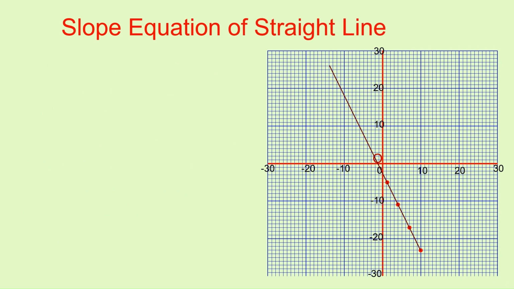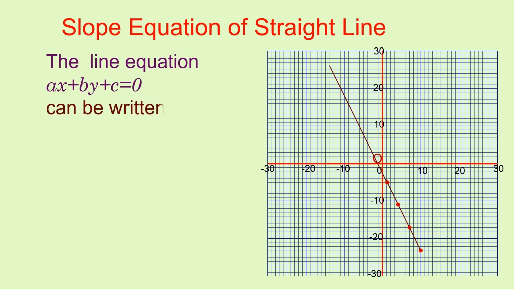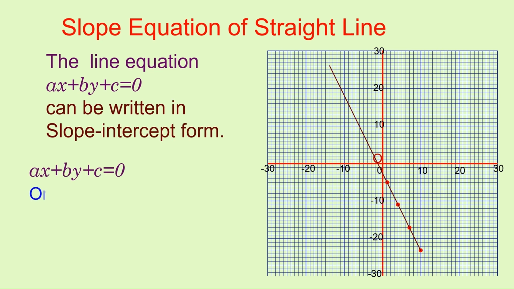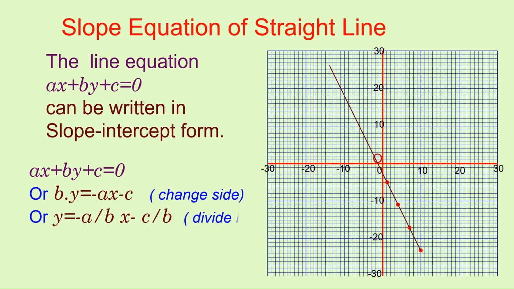Please note, the line equation ax plus by plus c equals 0 can be written in slope-intercept form. It can be rewritten by changing sides: by equals minus ax minus c, or y equals minus a divided by b times x minus c divided by b.